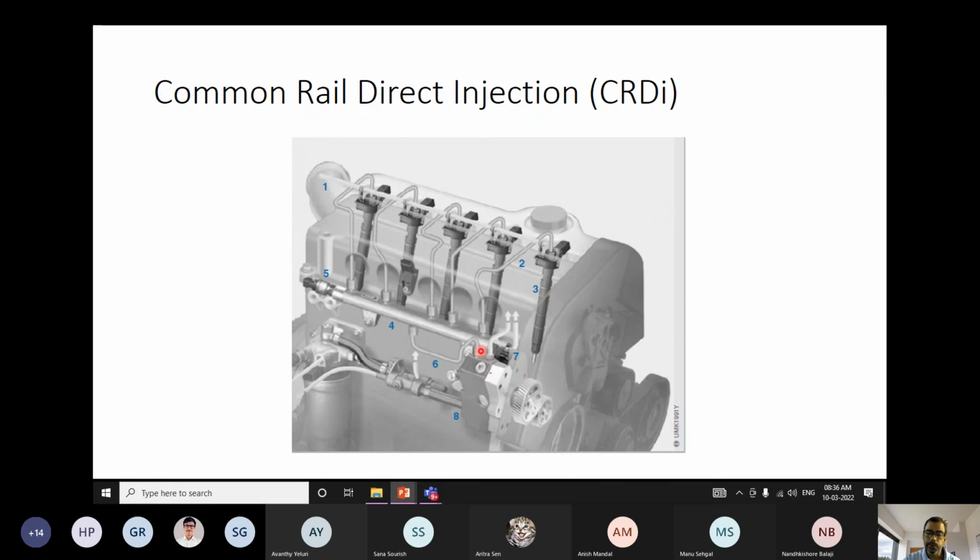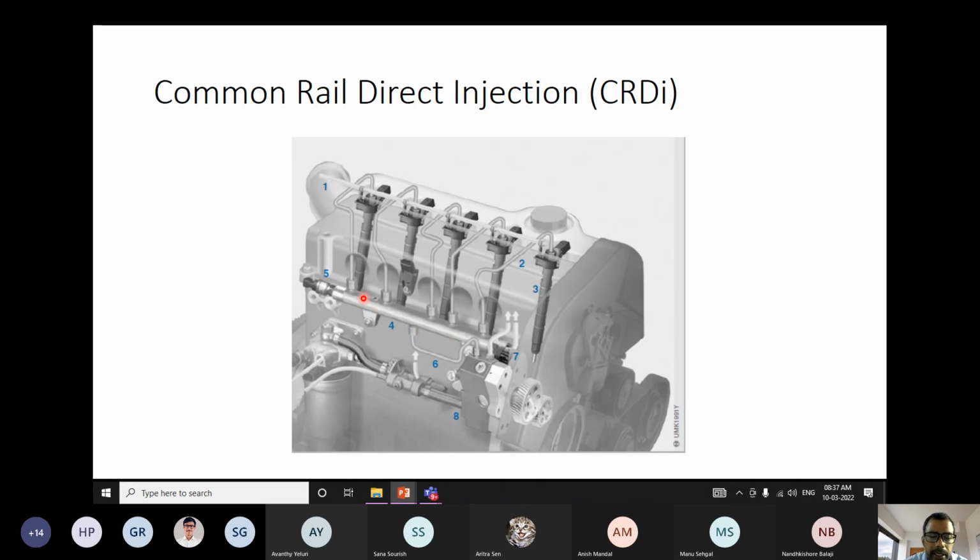The high pressure fuel, you can see from here, is coming out and going to this pipe. This is a kind of cylindrical pipe, and we name it a rail. It is a similar rail to the one for which we also used this nomenclature in PFI. Your rail is going to act as a reservoir of the high pressure fuel.